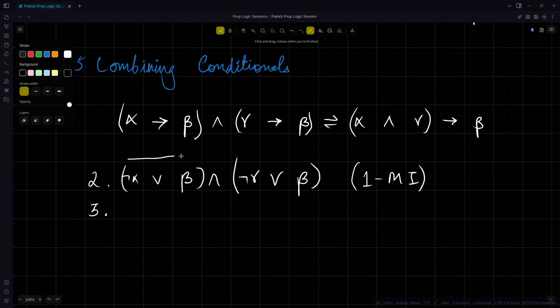So what if you treat this as one and you just distribute it like this?